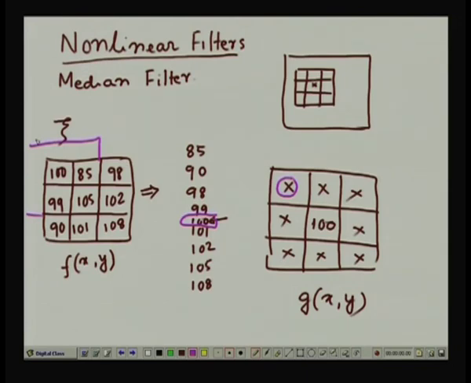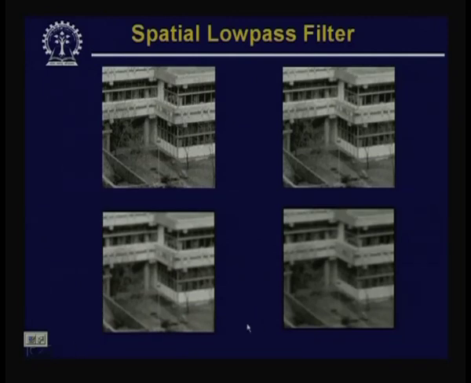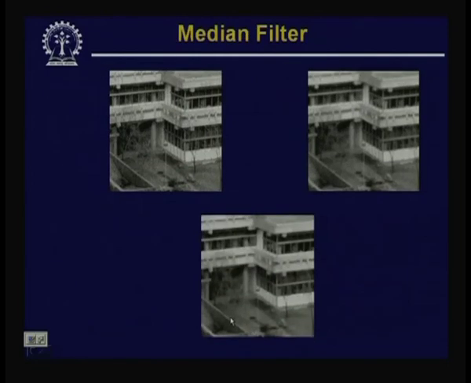So, this is how I can get the median filtered output, and as you can see, this kind of filtering operation is based on statistics. Now, let us see what kind of result we can have using this median filter. Here you find it is again the same building image. The left top is our original noisy image.